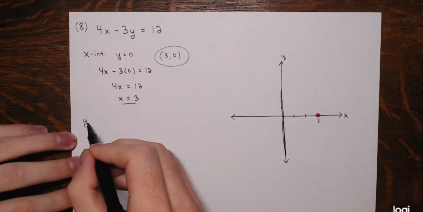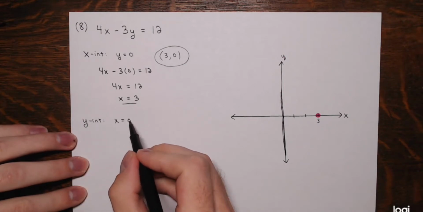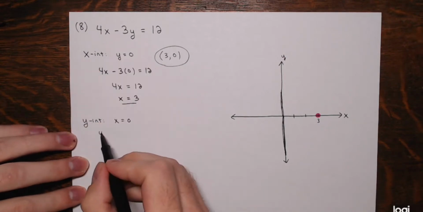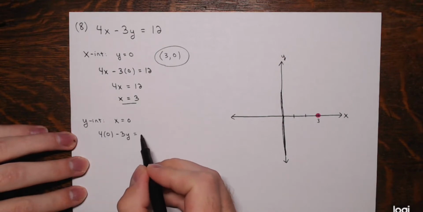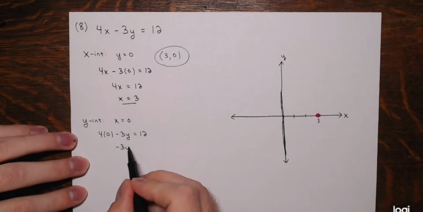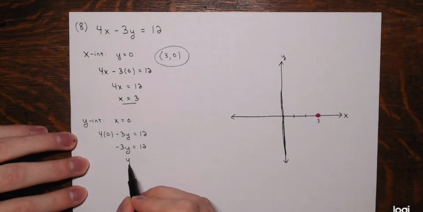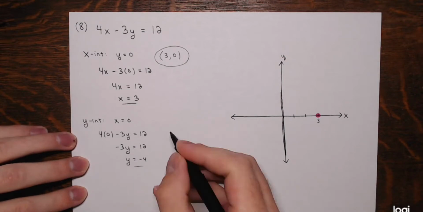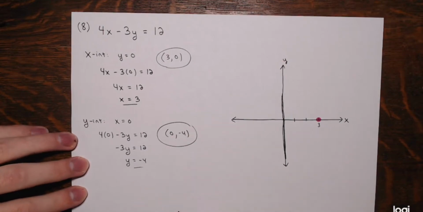Then the y-intercept: let x be 0. So we have 4 times 0 minus 3 times y equals 12. The left side has just the negative 3y still. Dividing both sides by negative 3, y would be negative 4. So 0 for x, negative 4 for y. There's the y-intercept.